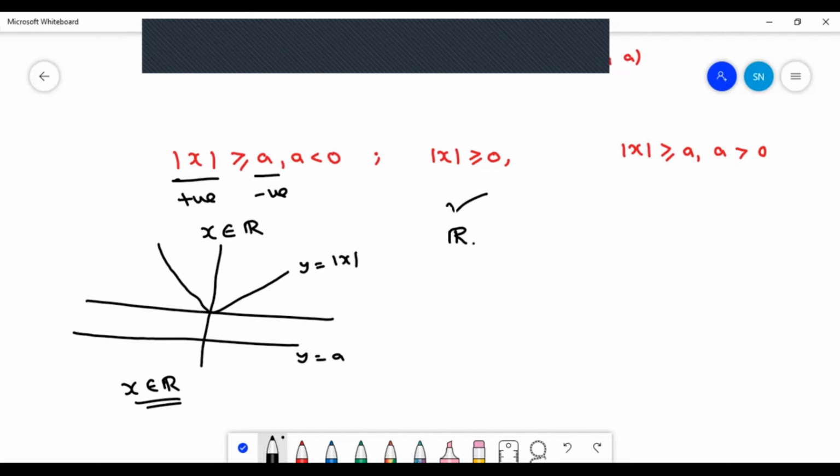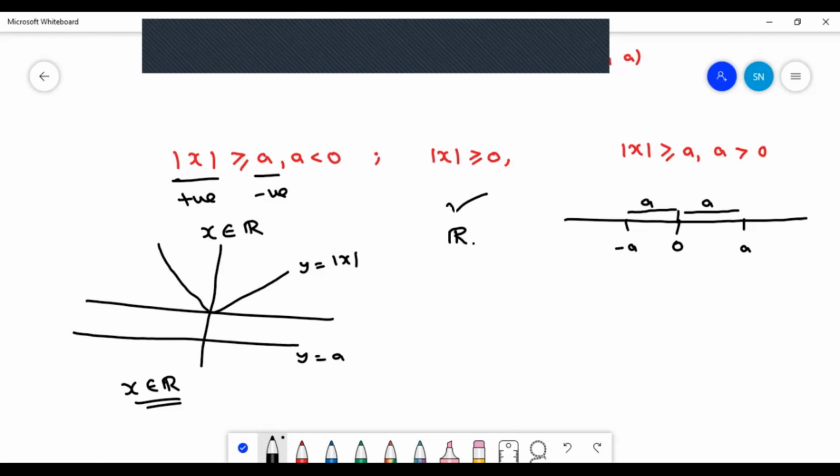Coming to the third case, modulus of x is greater than a. If you look at the real line, this is a and this is minus a. This distance is a, and this is also a from the origin. If I take any point between 0 and a, that distance is less than a, but we want more than a.